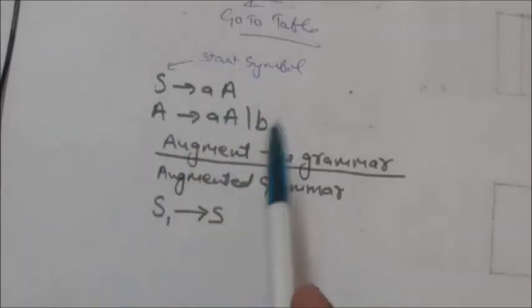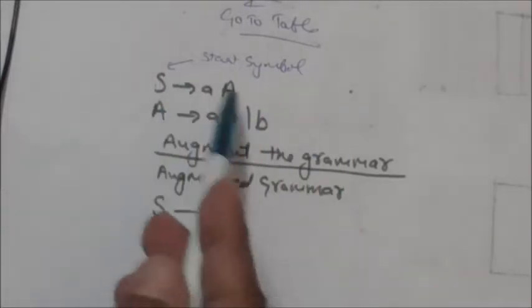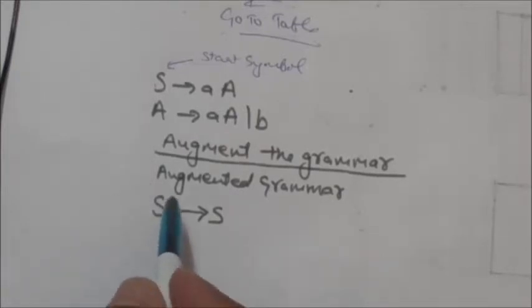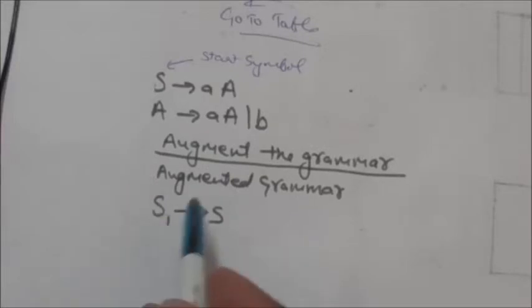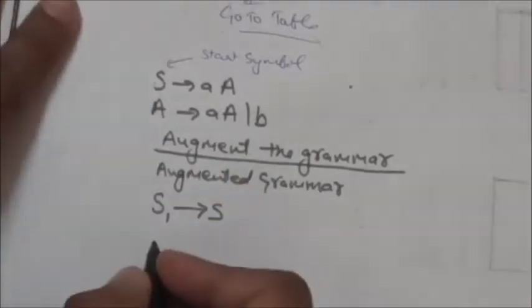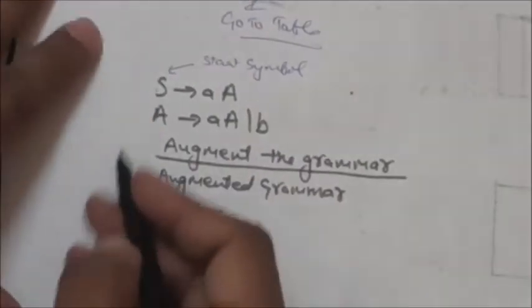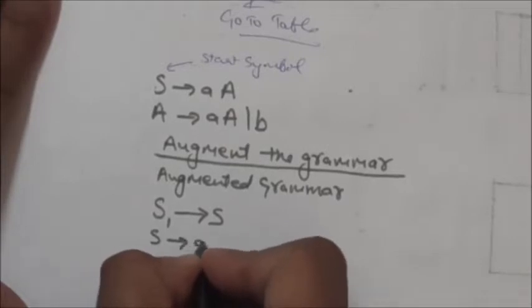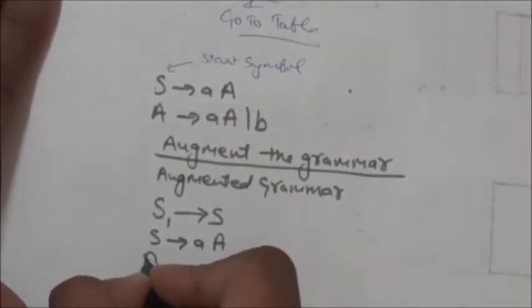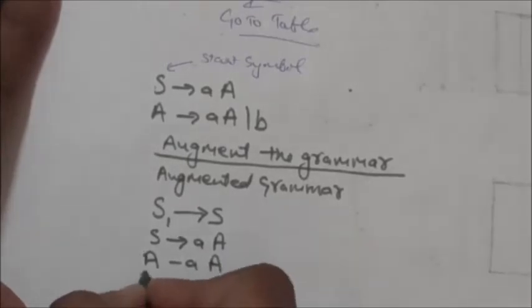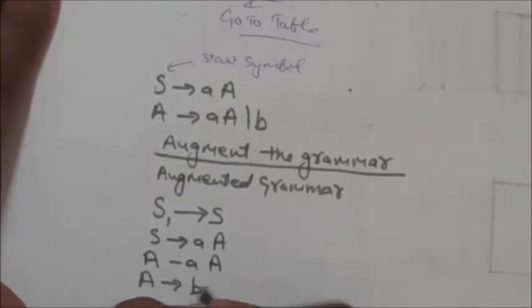So when we create the augmented grammar for this grammar, we need to introduce one more non-terminal symbol S1, and we need to add one more production rule, S1 derives S, right? And the rest of the productions will be the same as they are in the original grammar. S derives AA, and A derives aA, right? And A derives b, right?